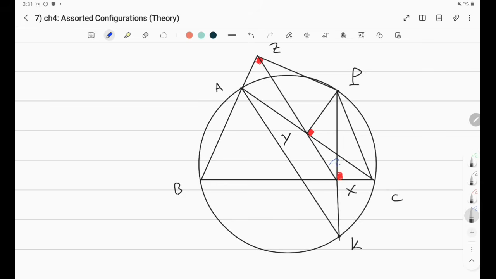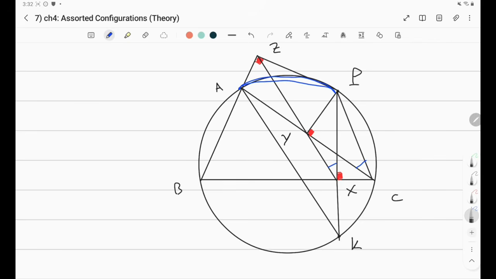Well, due to the huge amount of cyclic quadrilaterals, you can always manipulate these ones. So for example, this one here, you can just move it to this one. So these two are equal. Now we want to show this one is equal to this, but actually this is very clear because they both have the same arc, which is arc AP, on the circumcircle. So yeah, that's it, we're done.